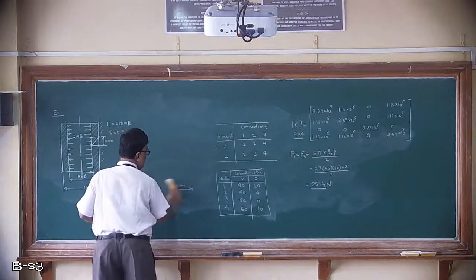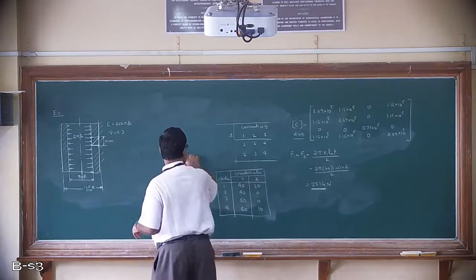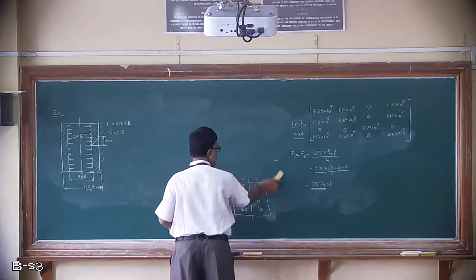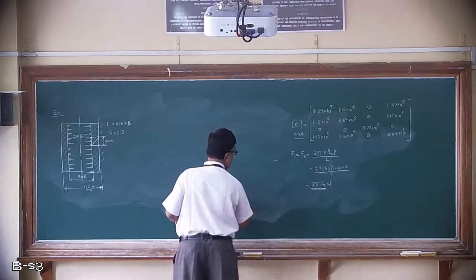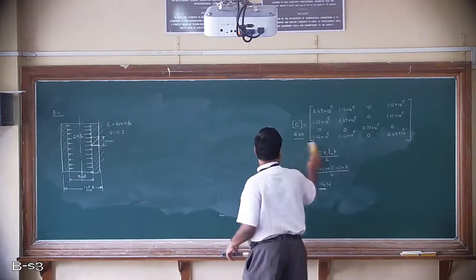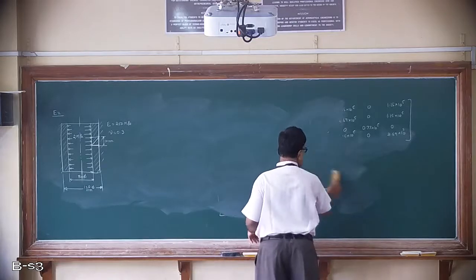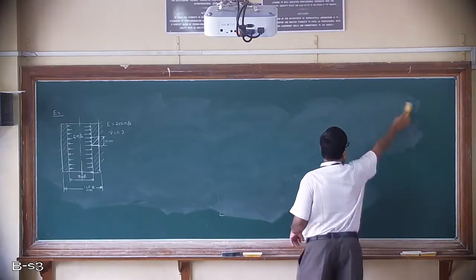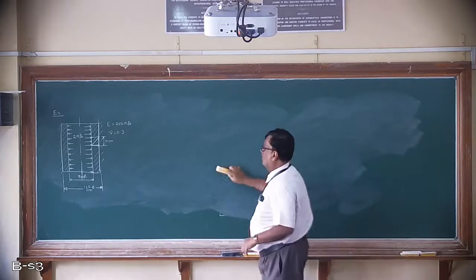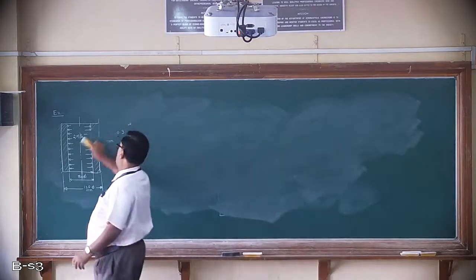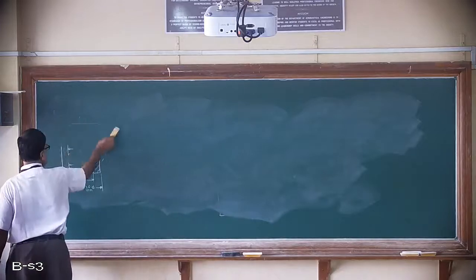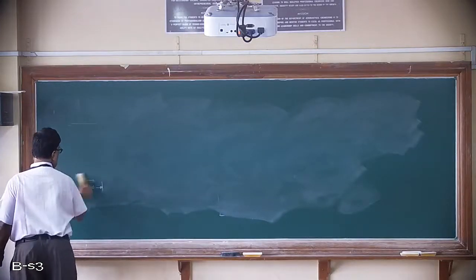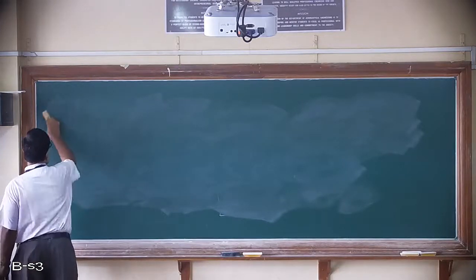Once you know this, the next important step for the CST element, before calculating the strains or the element stiffness matrix, is to calculate the B matrix. For each element, we have to calculate the strain displacement matrix. Once you know that, we can calculate the element stiffness matrix for both of them.